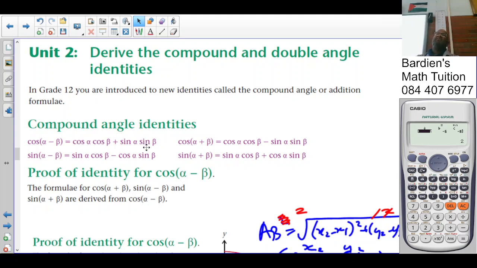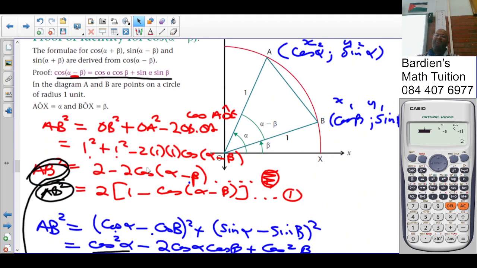The timetable is out already. The draft is out, so they're still finalizing the dates. Okay.